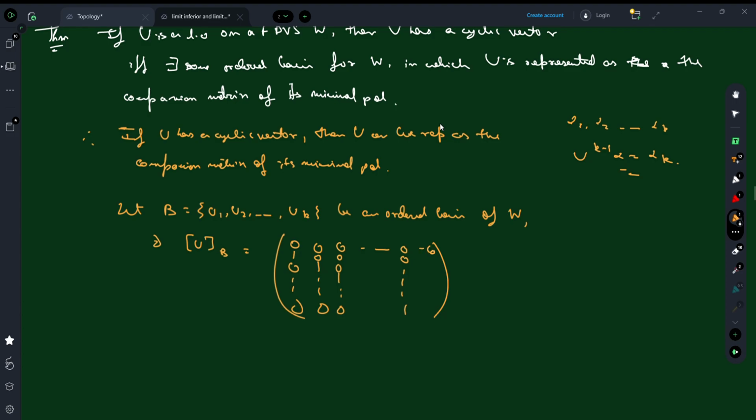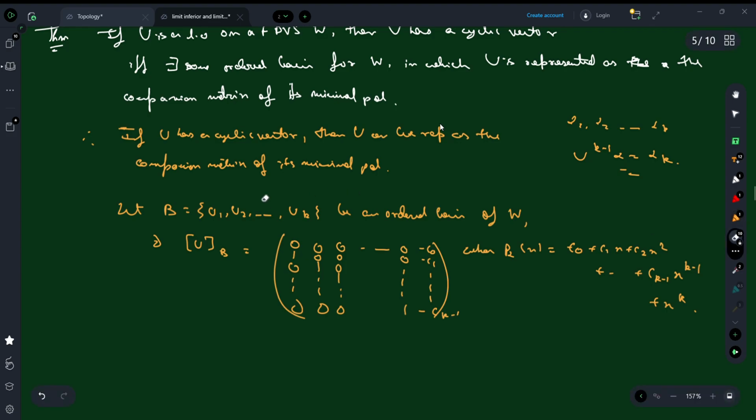And then here you have minus C0, minus C1, so on till minus Ck minus 1, where you can consider the minimal polynomial as this. Right? So it's C0 plus C1 x plus x to the power k. Right? But then what can you say about the images? Sorry, this is not U k. I'm very sorry again. This should be chosen to be some alpha values. Yeah, alpha 1, alpha 2 till alpha k. Sorry.